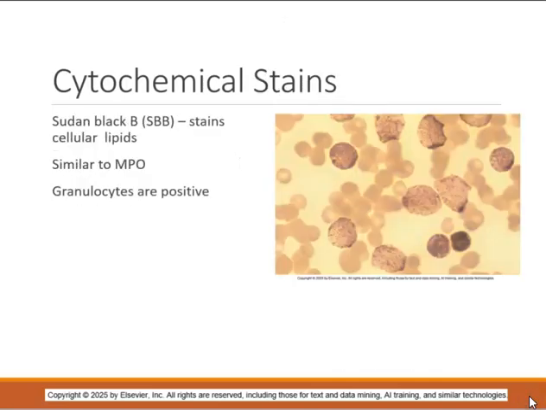Another stain that's done is Sudan Black B, and you can see the initials there because that's how they'll sometimes show it, just the initials and positive or negative. This stains the lipids inside of the cell itself. It's similar to the myeloperoxidase. Granulocytes are usually positive also. So those two stains, myeloperoxidase and Sudan Black B, will show its myelocytic origin.